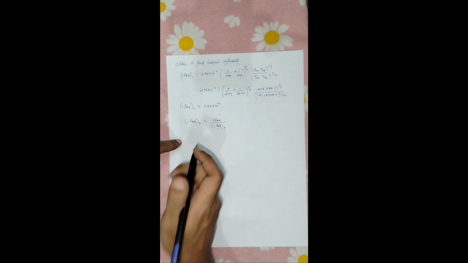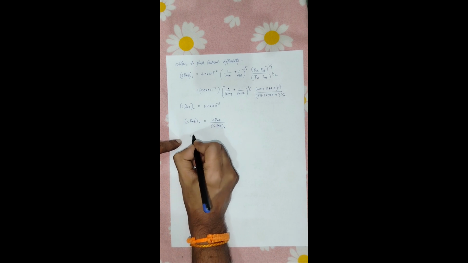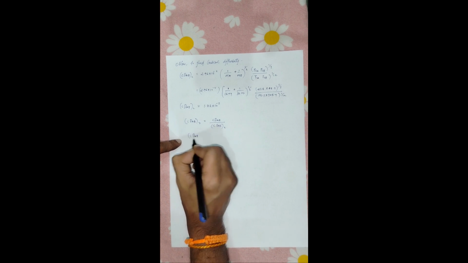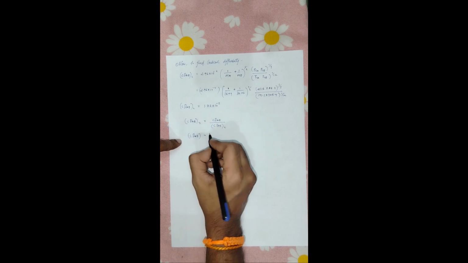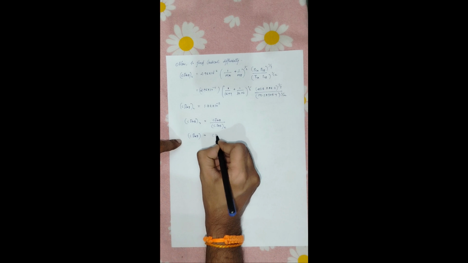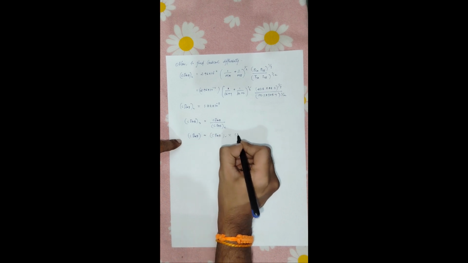So it is analogous. Now we have to calculate CDAB. We'll cross multiply, so this becomes the product of reduced diffusivity and critical diffusivity.